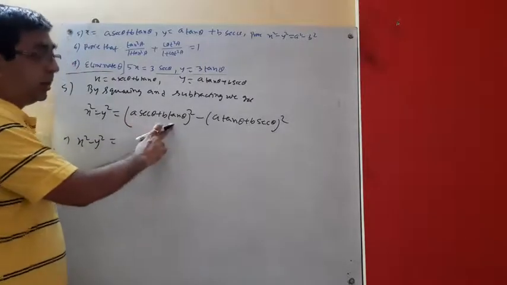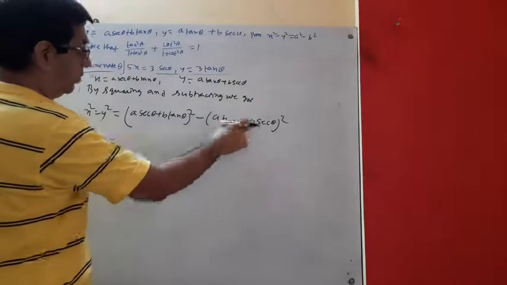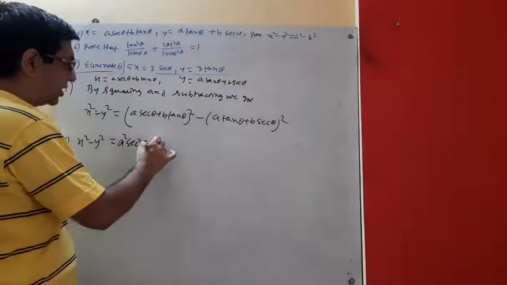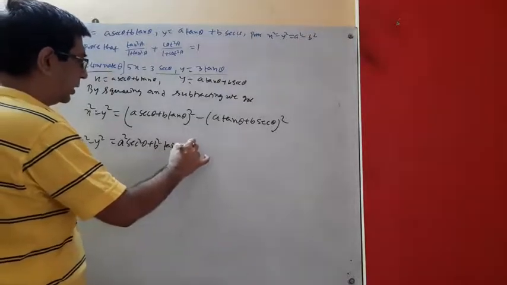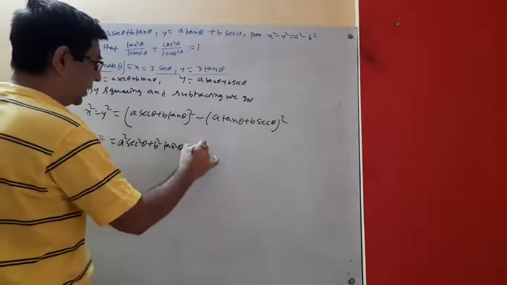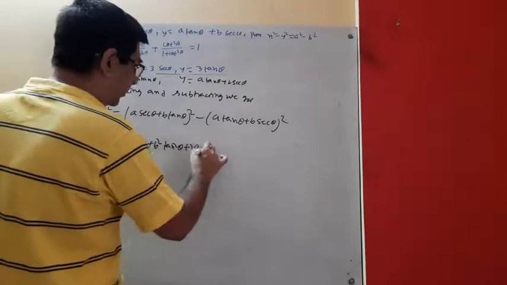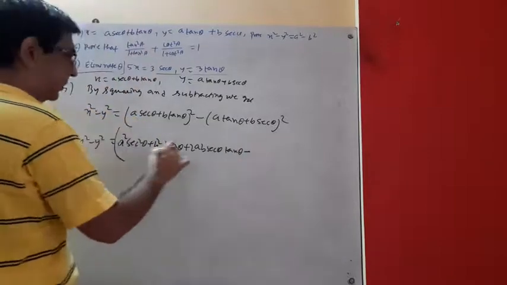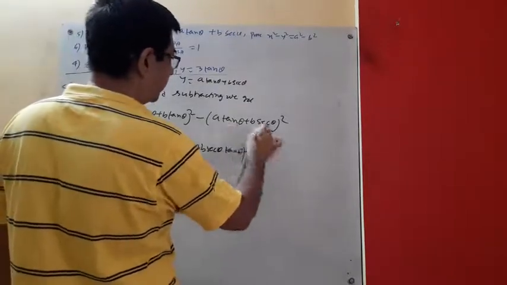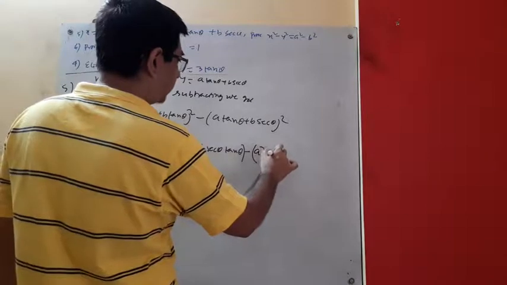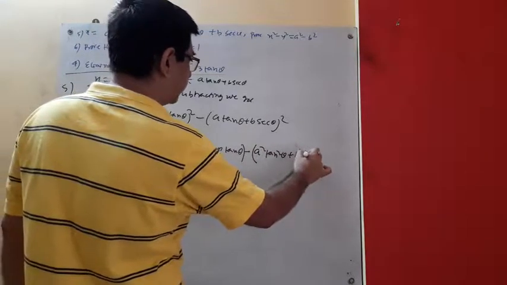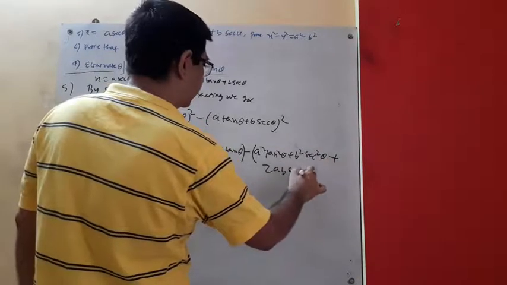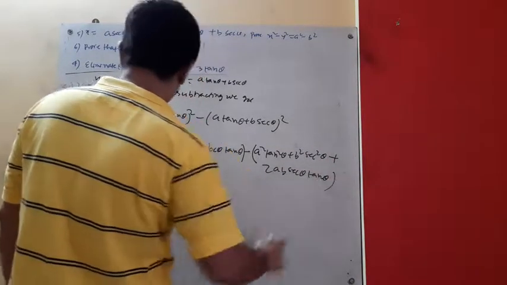a sec theta plus b tan theta whole square minus this one. This is a plus b whole square, a square plus b square plus 2ab sec theta tan theta, right?